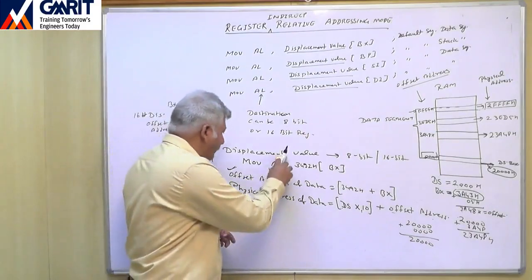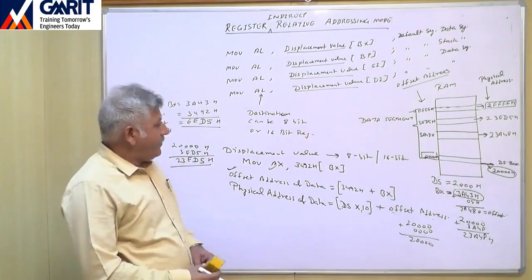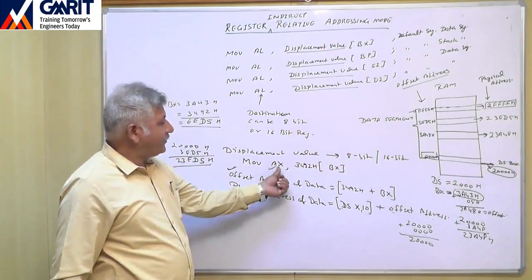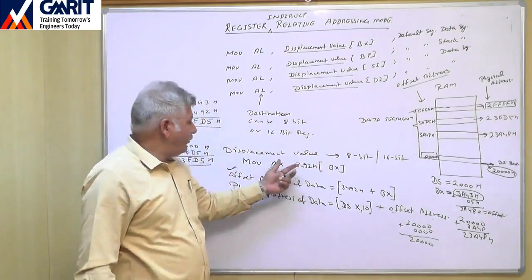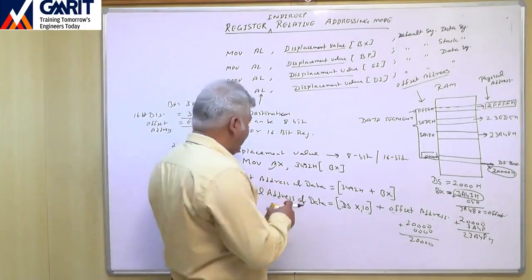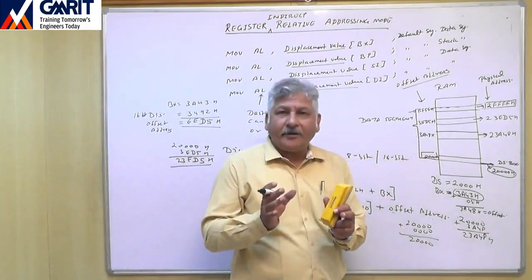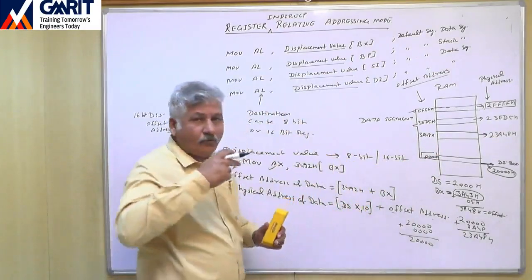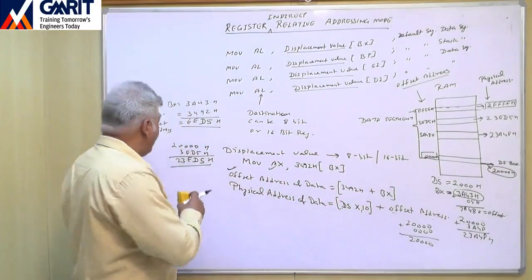And if in place of AL we have AX, then since the destination is a 16-bit register, a 16-bit number will be loaded in AX. Each memory location can hold only an 8-bit number, so data from 2 consecutive memory locations will be moved to the AX register.